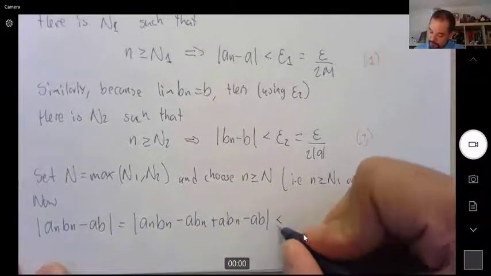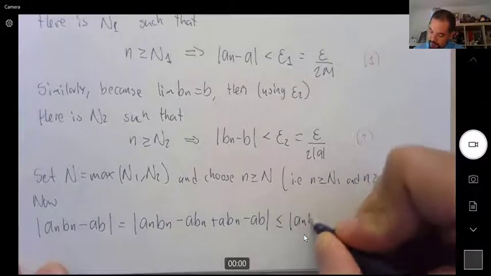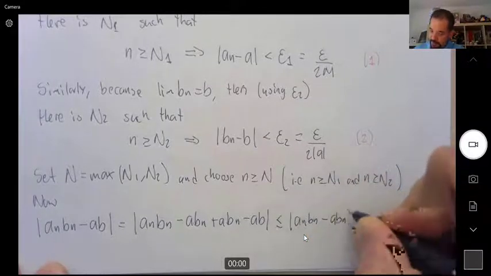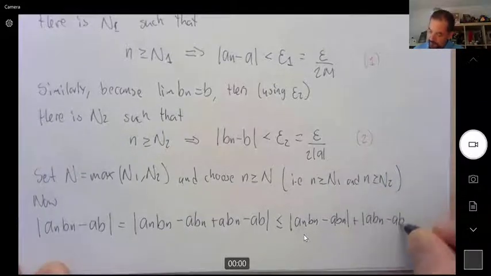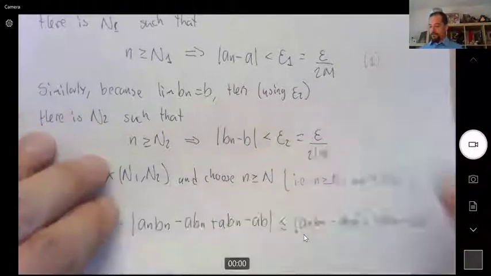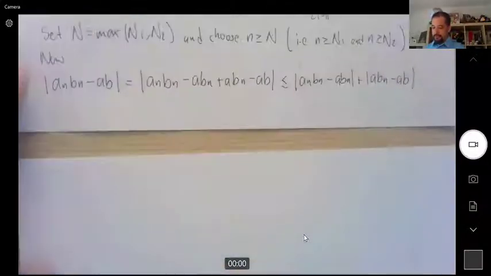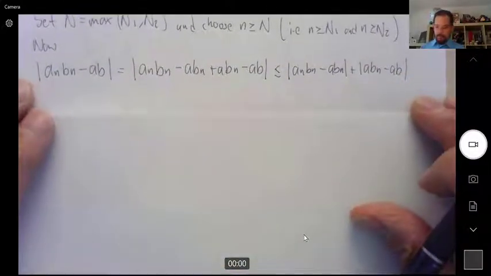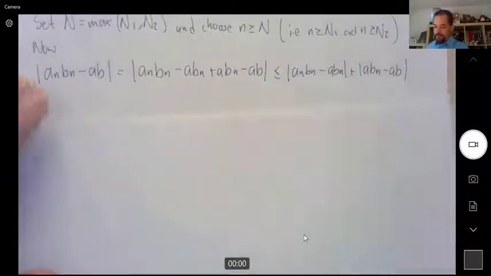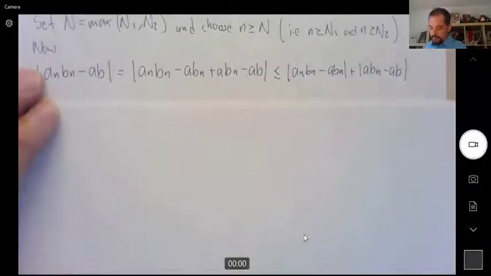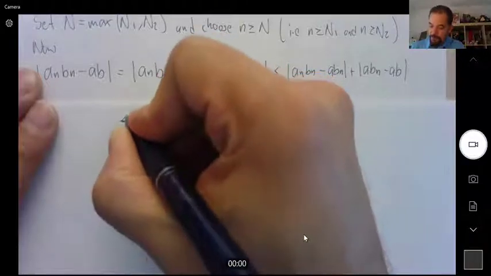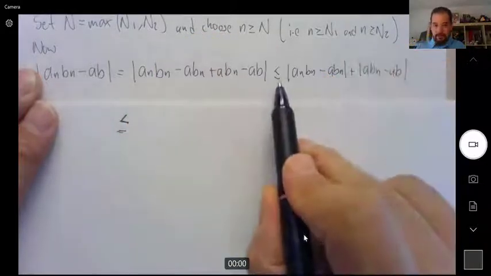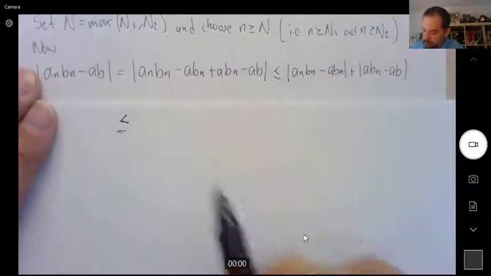Then by triangle inequality, this is at most |anbn minus abn| plus |abn minus ab|. Then by factoring what they have in common, I'm writing less than or equal because I'm carrying the inequality here, but from here to here it's actually equality.